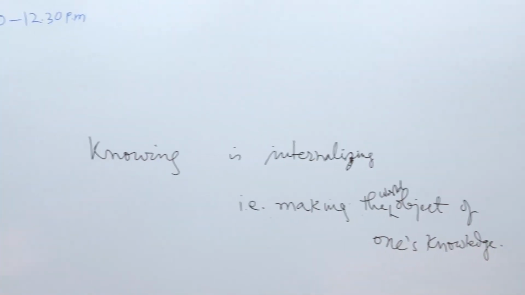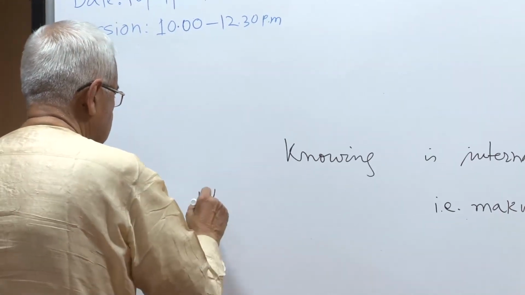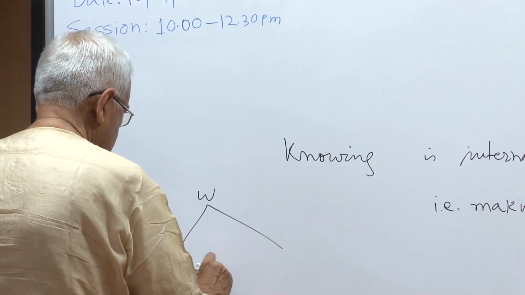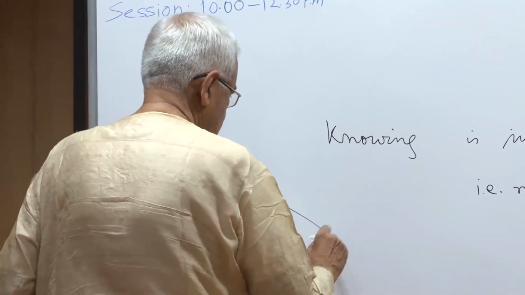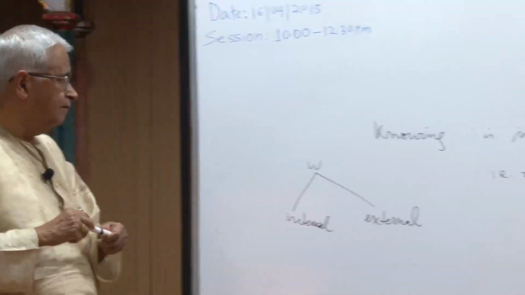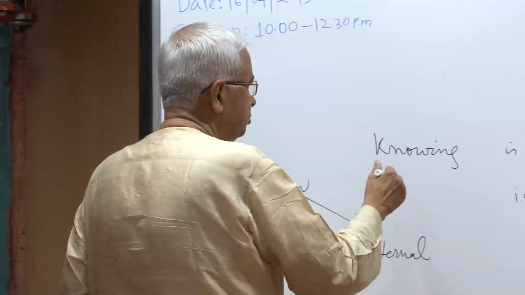This is the meaning. So, this world may be internal and external. When you know, this knowing can be direct or indirect.